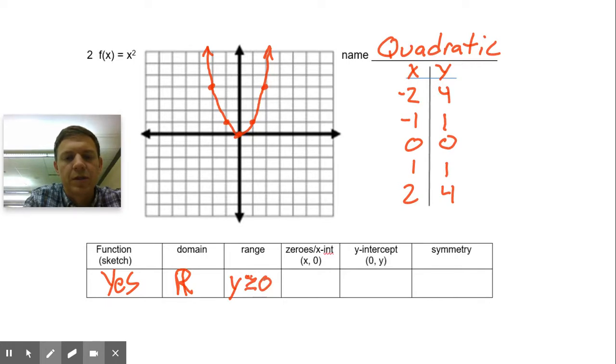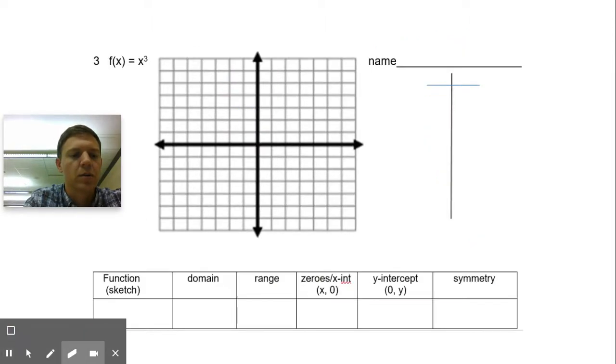This only goes down and touches 0. X-intercepts, where does this touch the x-axis? At the point 0, 0, right at the origin. Where does it touch the y-axis? Again, right at the origin. That is quadratic things. We have squares, x squared.